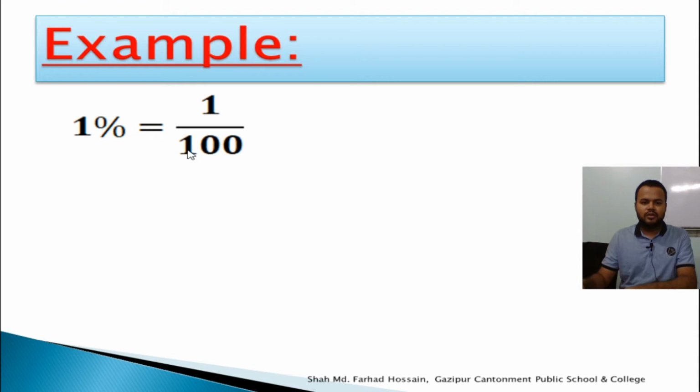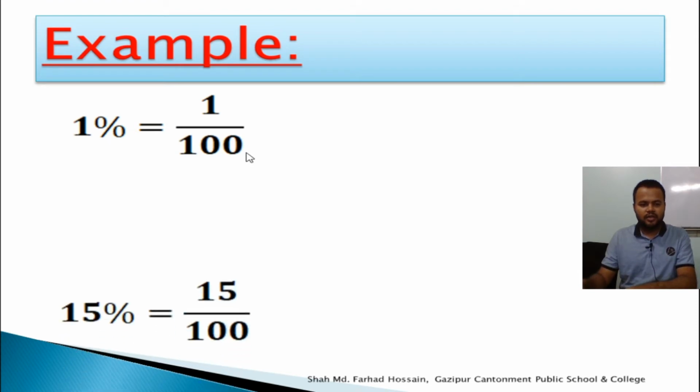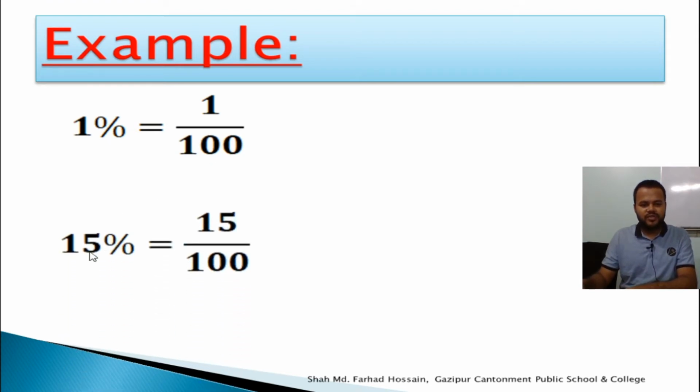Another one, 15% equals 15 by 100. Look at this fraction and this fraction. Both fractions are expressed as a fraction of 100.